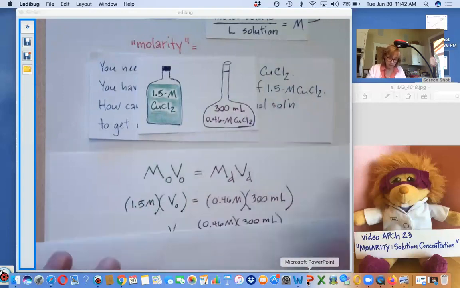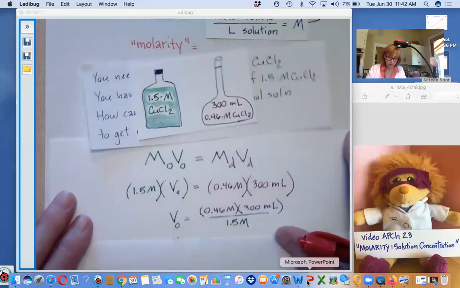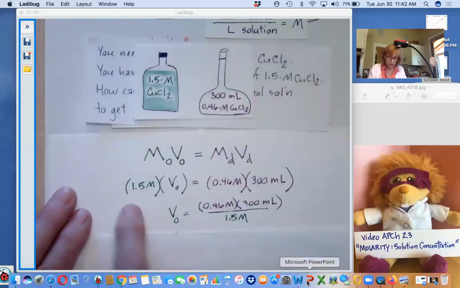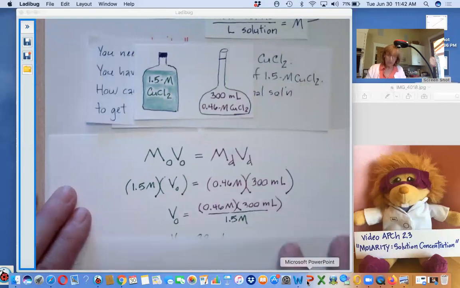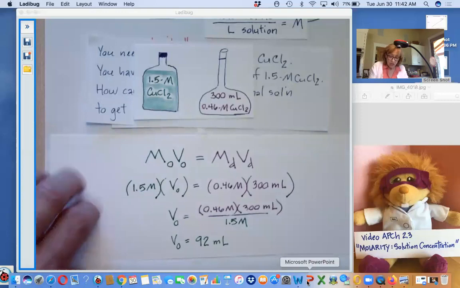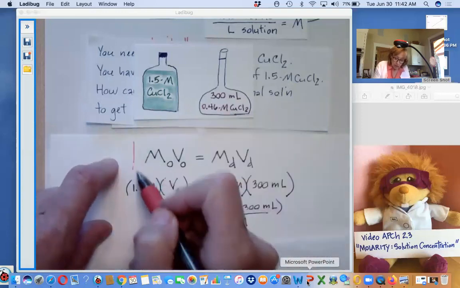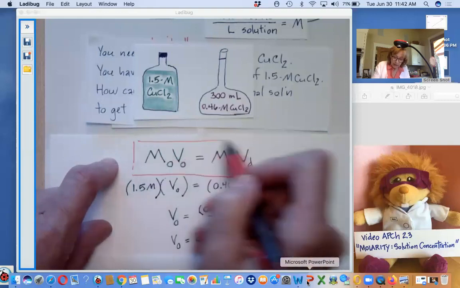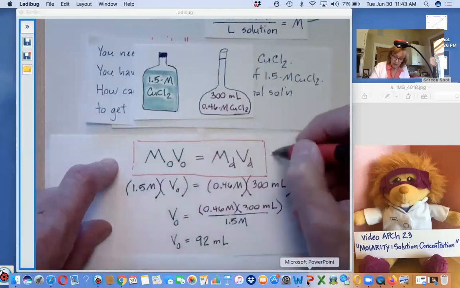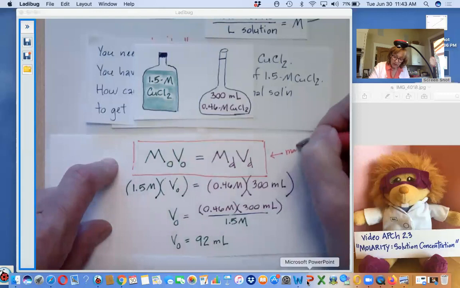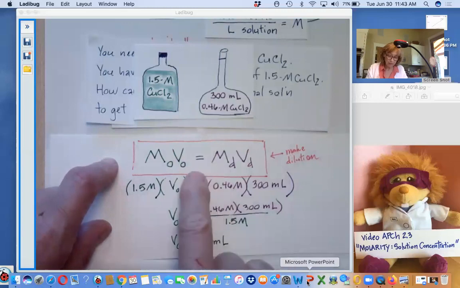Solving for VO, volume of the original, has me dividing both sides by 1.5, and I get my same answer of 92 milliliters. So this MOVO equation comes in really handy when you are asked to make a dilution. So keep that one in mind.